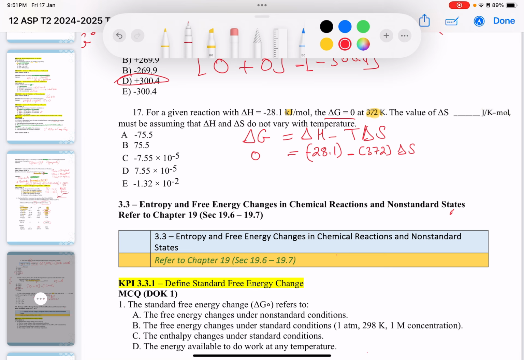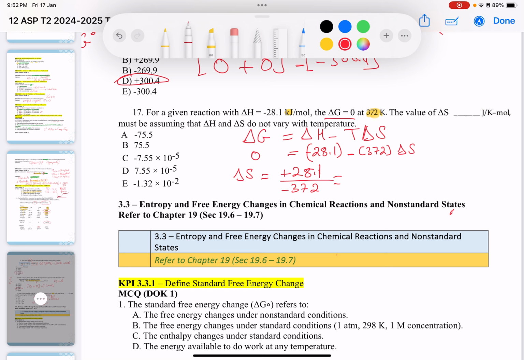So delta S equals positive 28.1 divided by negative 372. You will get an answer, but the answer obtained will be in kilojoule per Kelvin.